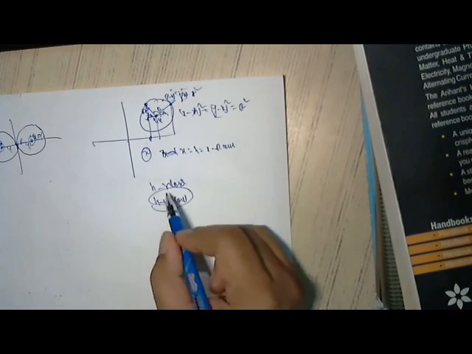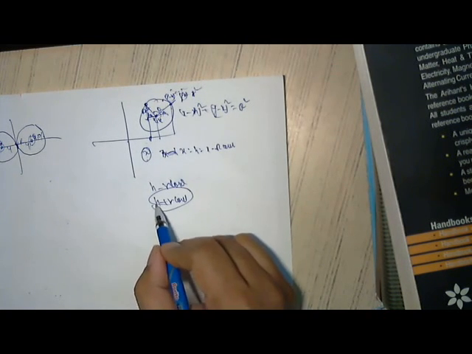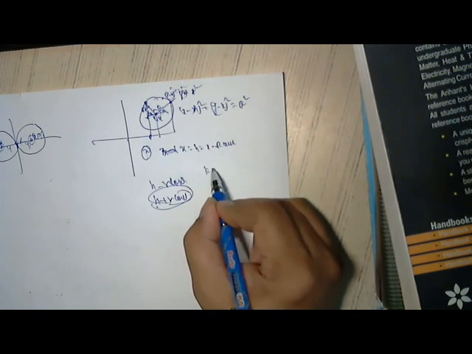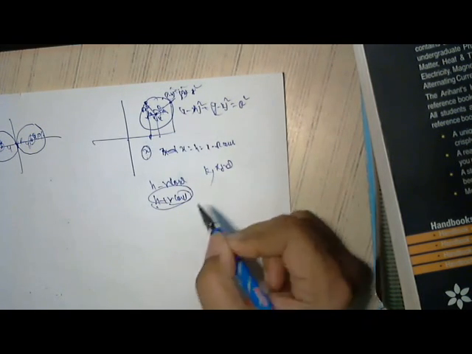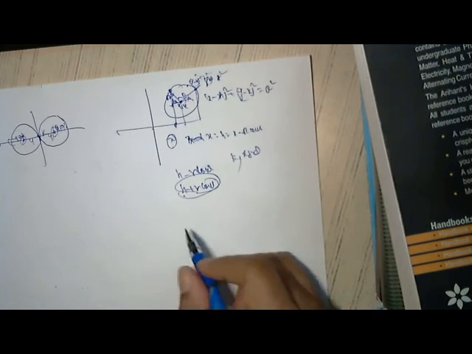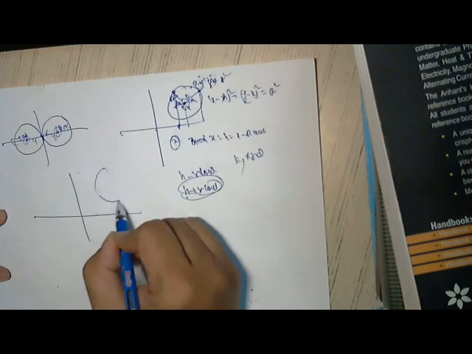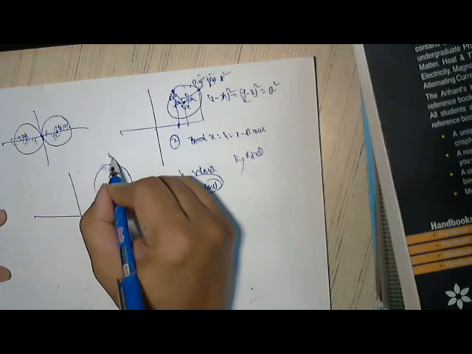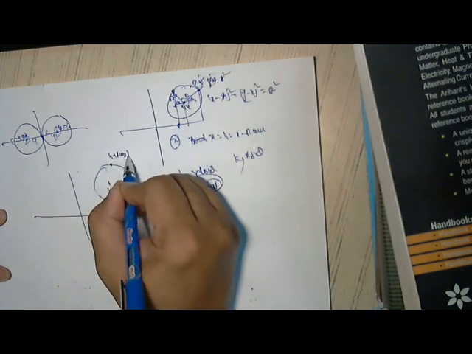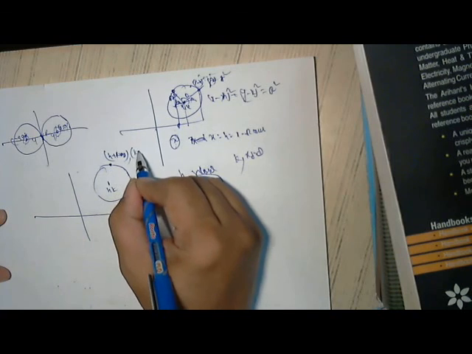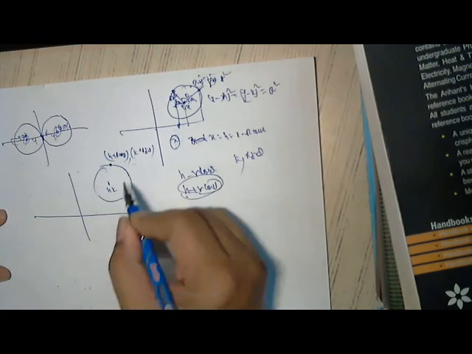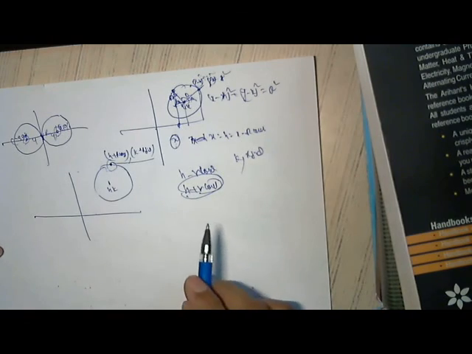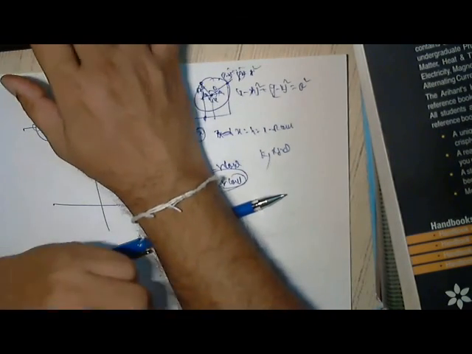So I am defining x in terms of h and r cos theta. Similarly, y I am defining in terms of k and r sin theta. So if I draw this, this is h, k, and any point has h plus r cos theta as x component and k plus r sin theta as y component. So this is a parametric form.